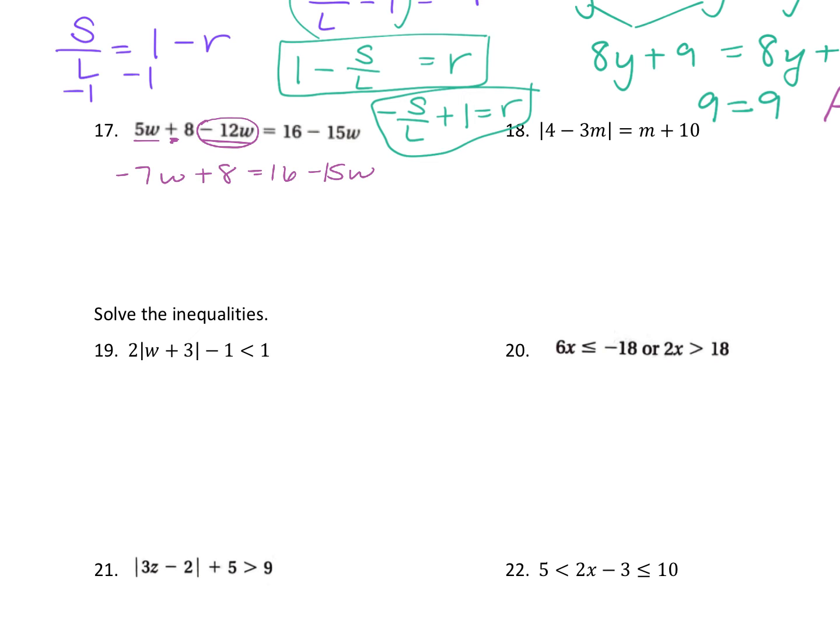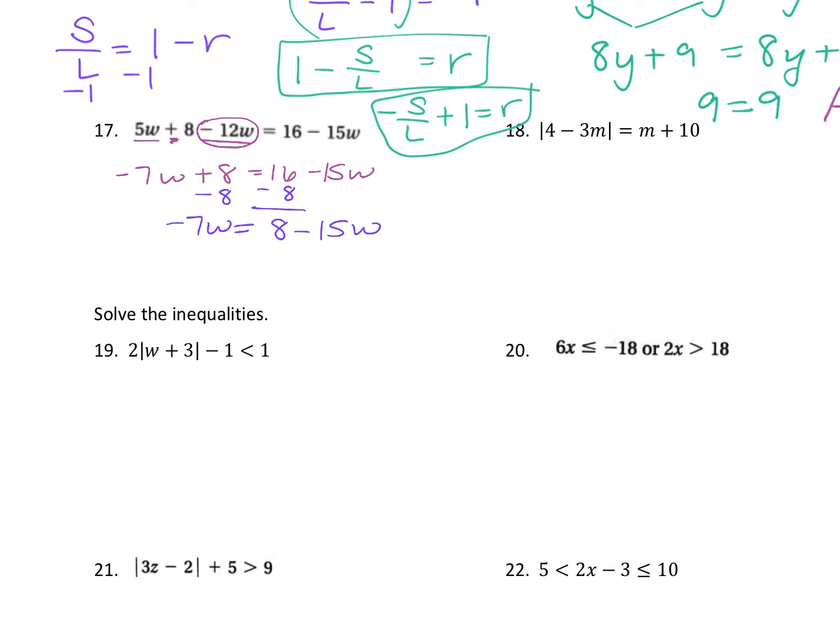What would you do next? There's a couple things you could do. What would you do? Subtract. So you move the numbers before the variables. You can do that. I typically do the variables first.